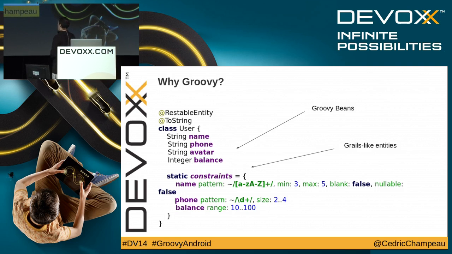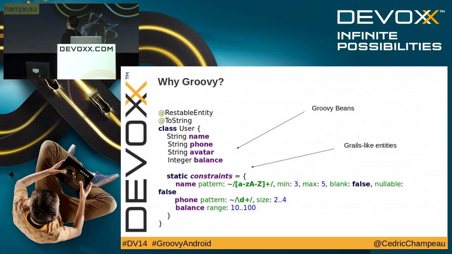Here we have a block, static constraints equals something, and what that does is define constraints on your properties. This is inspired from the Grails framework. Anyone uses Grails in the room, maybe? Okay, so it's for MVC development, web development.